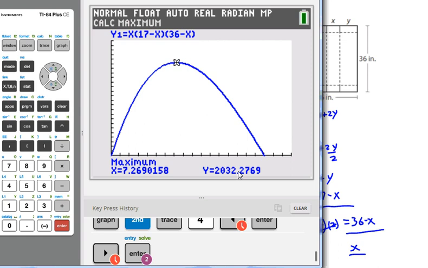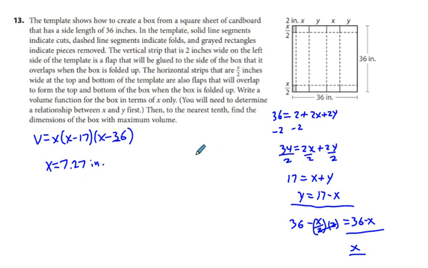The maximum volume is going to be 2,032 cubic inches. So we have x equals 7.27 inches.